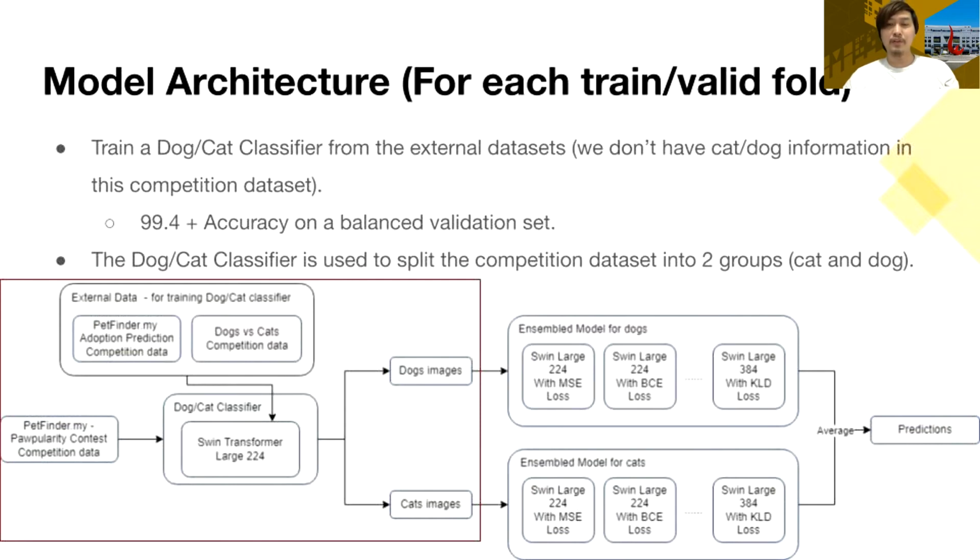So we need to use two external datasets to train a dog or cat classifier. The two external datasets are the previous PetFinder dataset and another dedicated dog or cat dataset. So we are able to get a dog or cat classifier with over 99% accuracy on a balanced validation set.